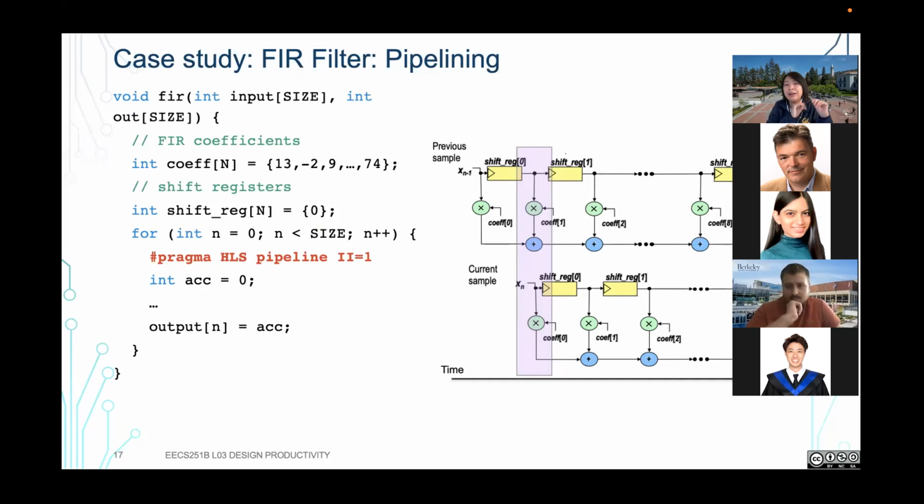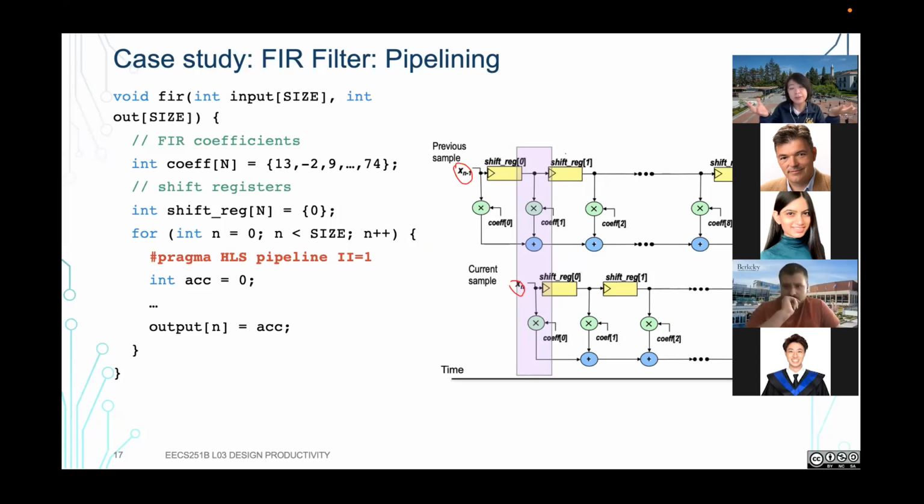Here, with the FIR filter, if we have a sample coming in every cycle, we can establish this pipeline to get a higher throughput, so we can process all the inputs in parallel instead of doing sequential execution.